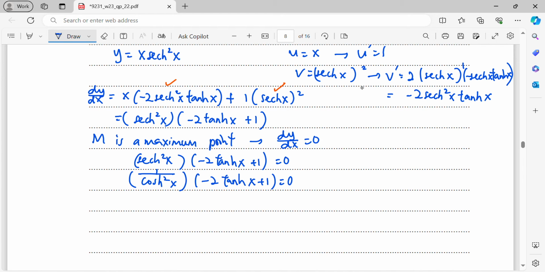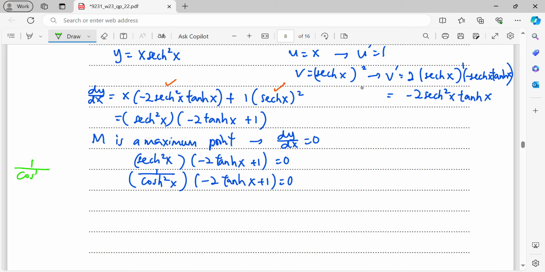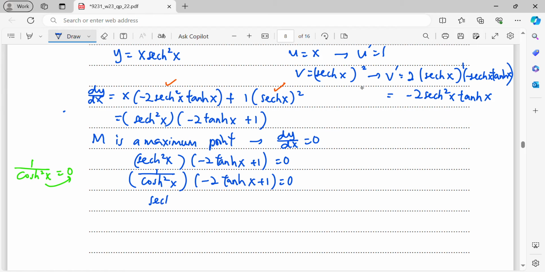The first term cannot be 0, because if you let the first term be 0, 1 over cosh square x equals 0, then when you multiply to the right side it's like 1 equals 0. That means the hyperbolic secant square x cannot be 0. Therefore, the second bracket must be 0.